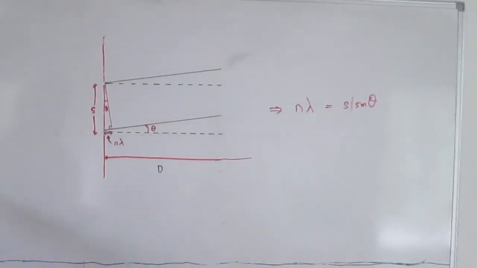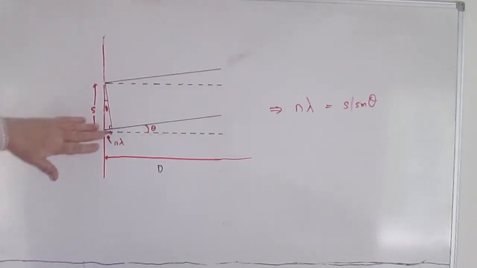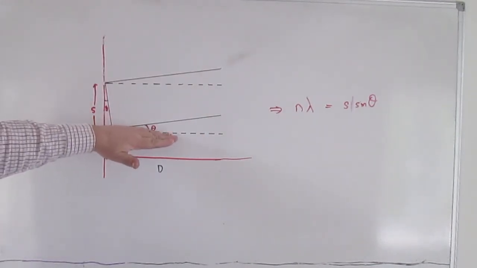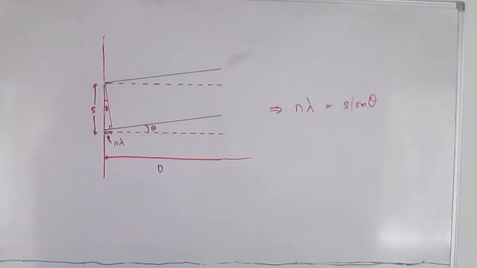Okay, so that's going to be a requirement for getting constructive interference: that the difference in path length has to be a whole number of wavelengths, and that leads us to this relationship that you're going to get constructive interference when you get those particular angles theta, such that n lambda is equal to that distance s times sine of theta. But that's not actually the relationship we normally use.